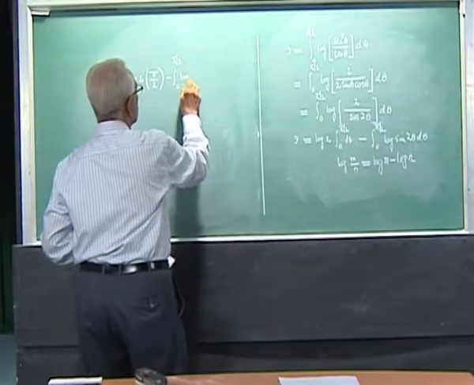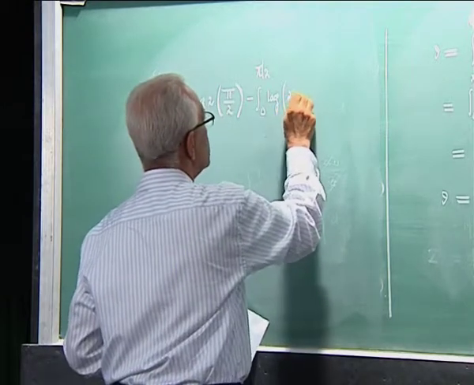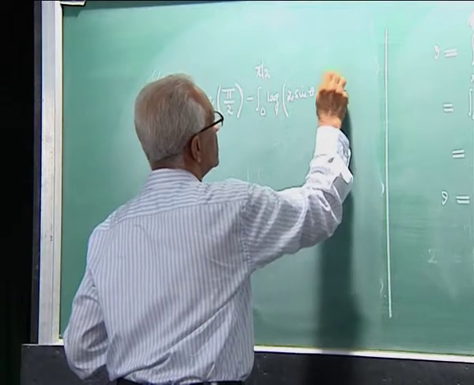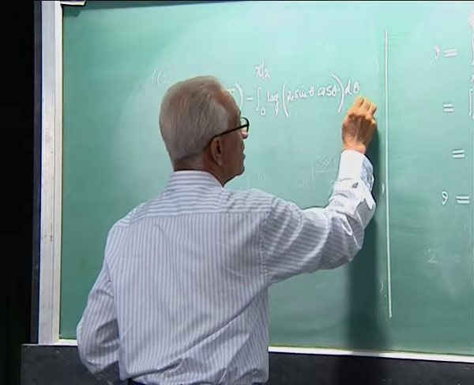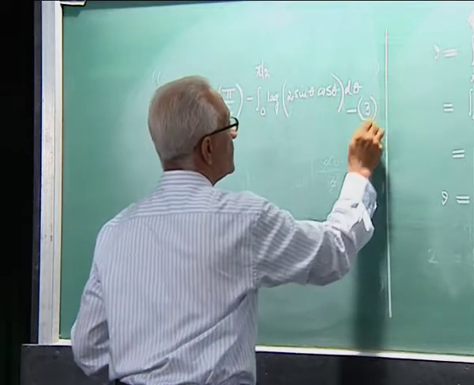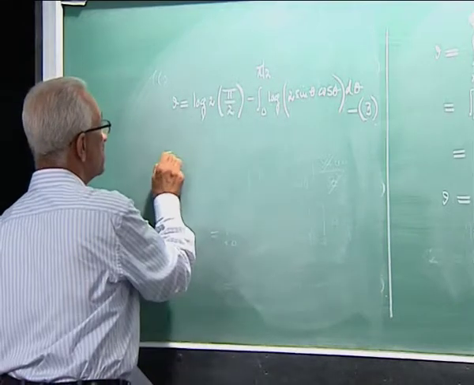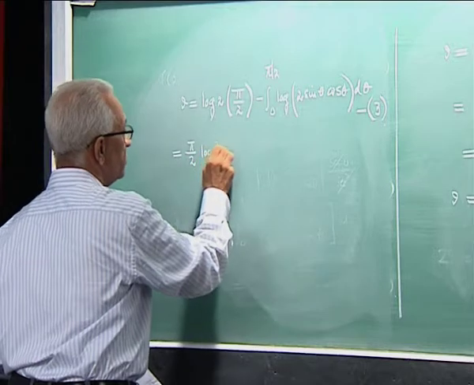This will give me log of, I break it again, 2 times sine theta cos theta. It is an important step to note, and therefore I will call it equation 3 in continuation. That is the third part we can have. This is equal to, writing it precisely, pi by 2 log of 2.